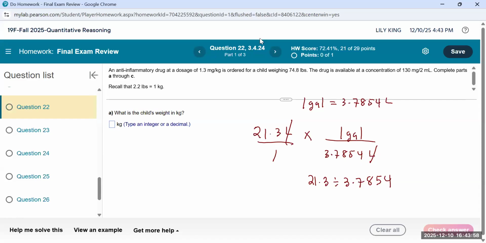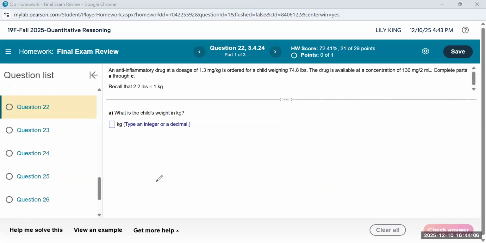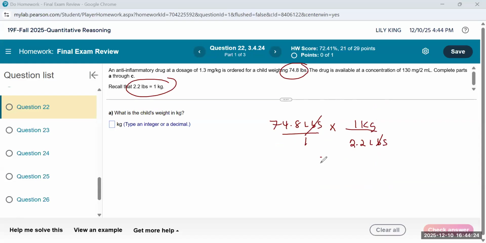All right, dosage calculation. So here we have the weight of the child to be 74.8 pounds. Express that as a fraction over 1, and then using this conversion factor, you have your 2.2 pounds at the bottom and you have your 1 kg at the top. So 74.8 divided by 2.2 is 34 kilograms.